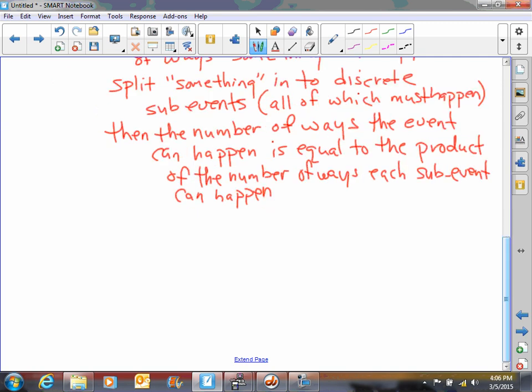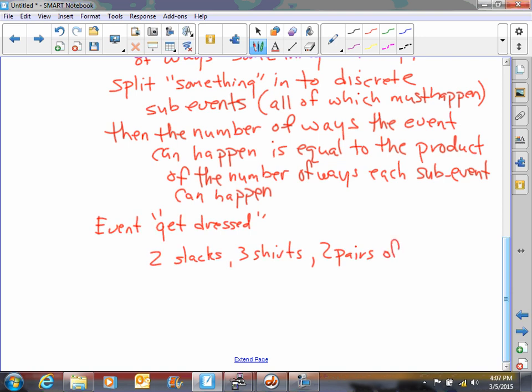Now, I know that took a while and it may not make a whole lot of sense yet. So let's take a look at an example that'll help you with the fundamental counting principle. Imagine that you want to get dressed. Okay, so the event is get dressed. Now, further, let's imagine that you have 2 pairs of slacks, 3 shirts, and 2 pairs of shoes, all of which will go together.